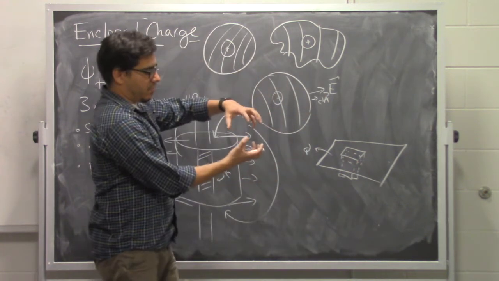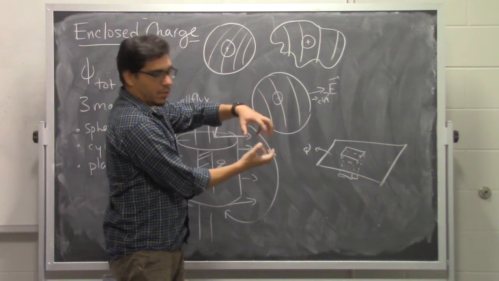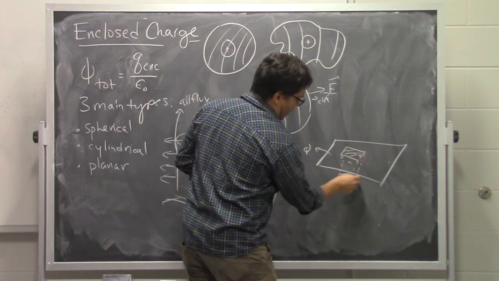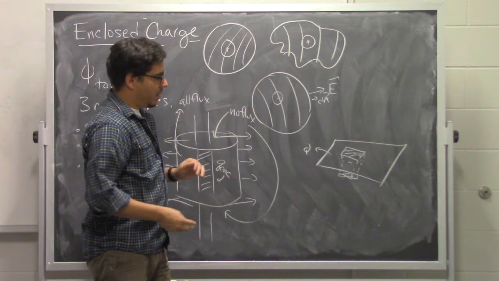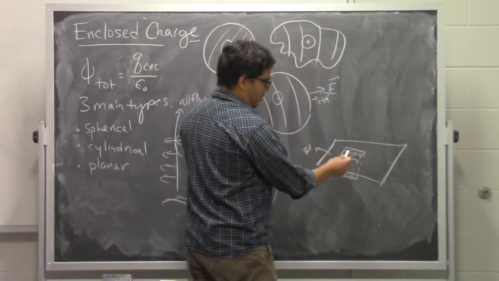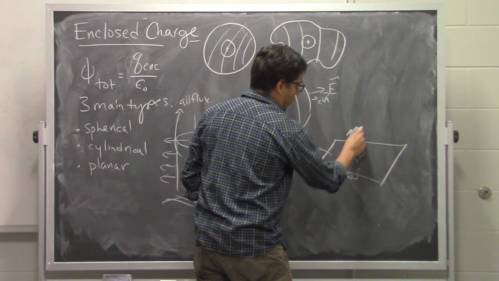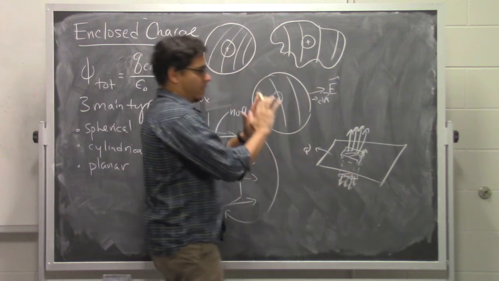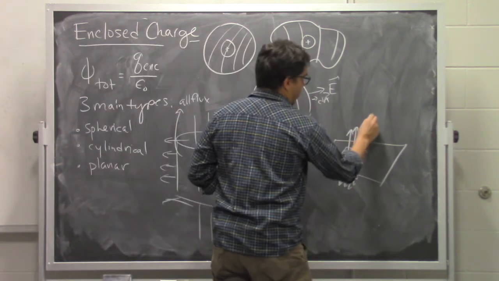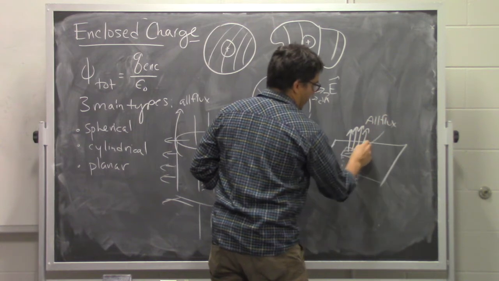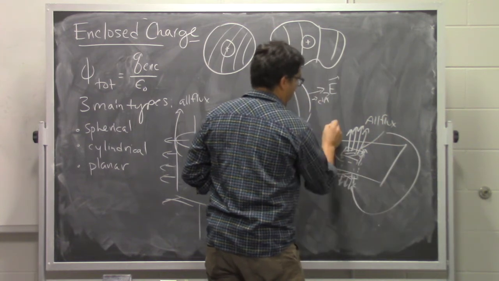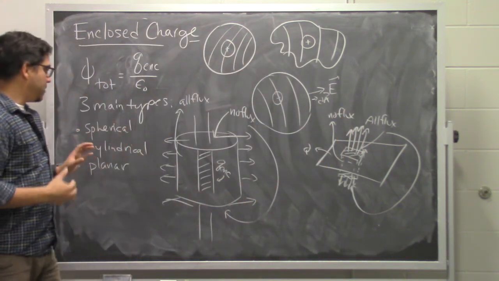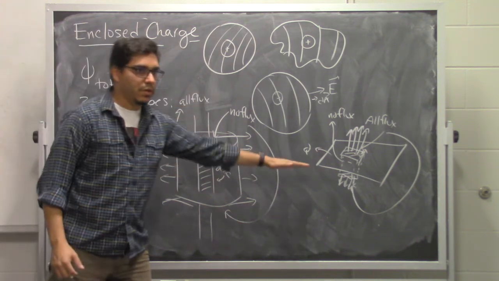So if you think about a box that is situated in the middle of this planar geometry, and its flat sides, this side and this side, are flat with respect to the planar geometry itself, then in this case, this charge distribution produces an electric field that points perpendicular to these flat sides, but it slides along the sides of that box. And so all the flux is, in this case, from the top and the bottom, and there's no flux out the sides, right?